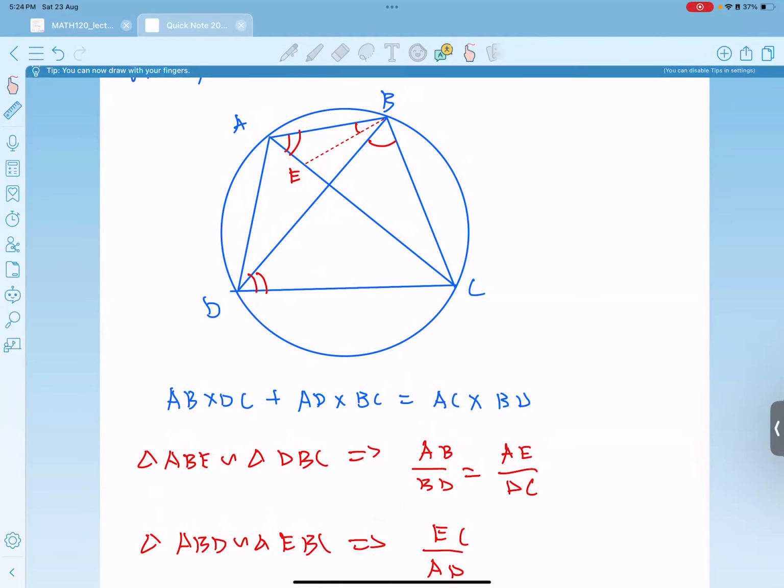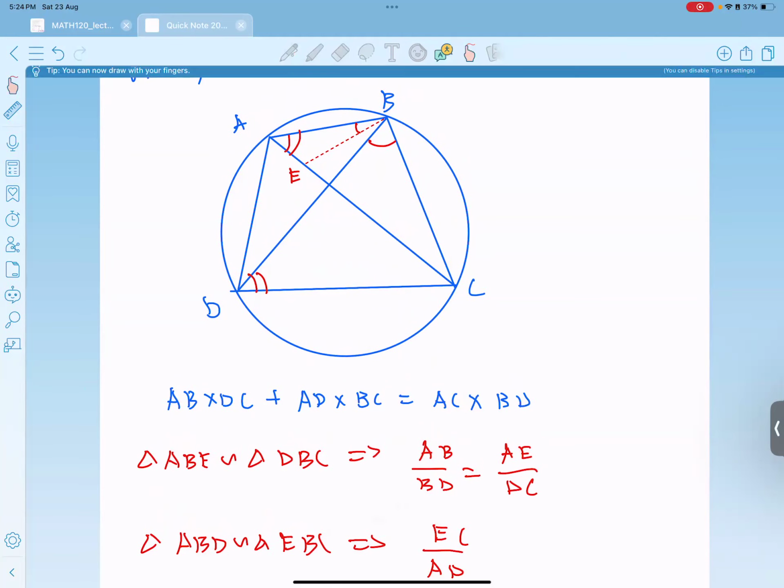So these two are equal, and then these two angles are also equal. My diagrams come out bad. So here EC over AD will be BD, the other diagonal, over BC.